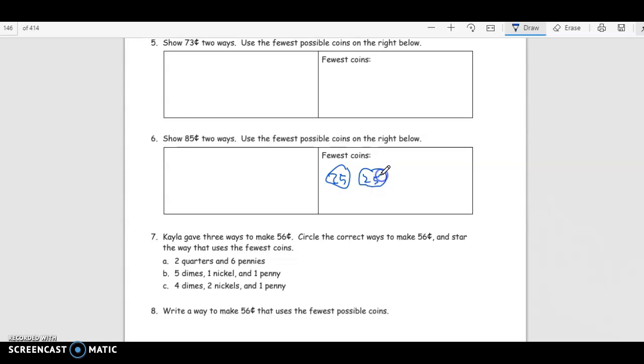So we're still not to 85. Another 25 gets us to 75. So if I'm at 75 and I need to get to 85, all I need is 10. Okay, so that is the fewest coins we can use to get to 85 cents, and then you need to come up with another way to get to 85.